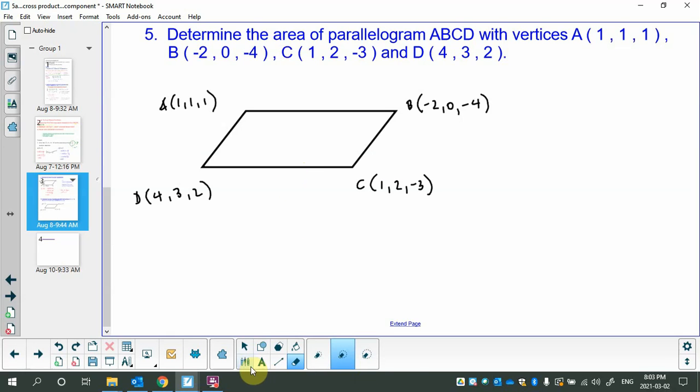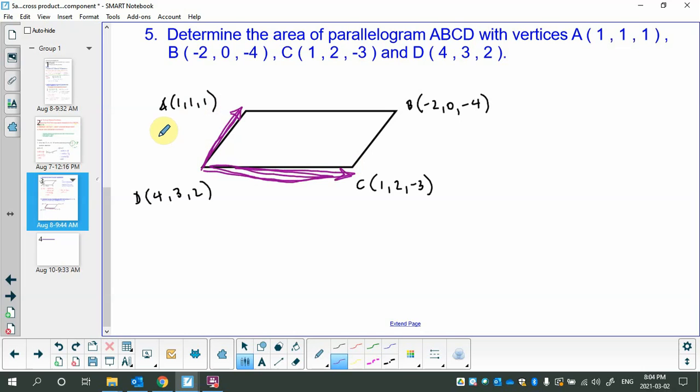So I'm going to pick a corner, and it doesn't matter which. I may have the same one, I may have a different one, but I'm going to pick a vector here, which forces my second vector, poorly drawn, to be right here.